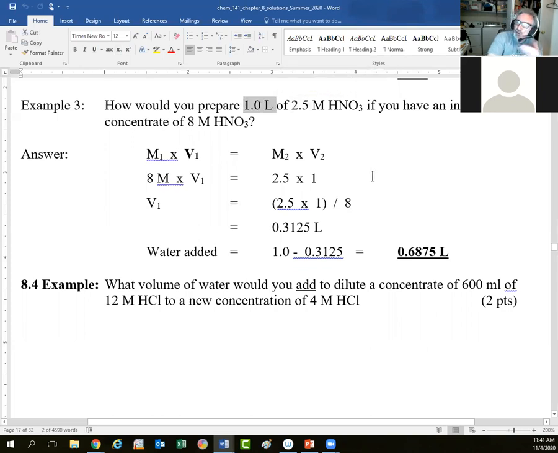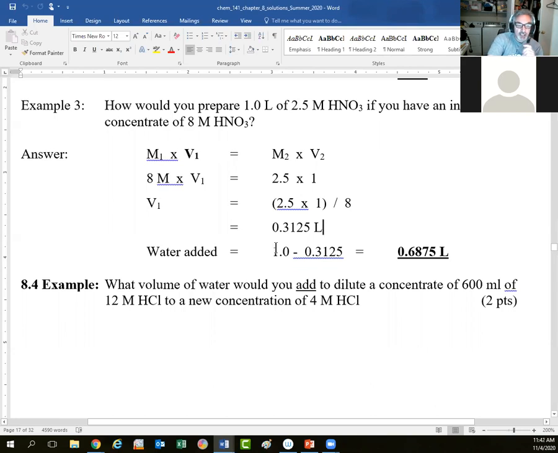The only thing you don't know is V1, the initial volume of the stock solution you're going to take for this. So to calculate V1, it'd be M2 times V2 divided by M1. That gives us 312.5 milliliters or 0.3125 liters. Factor of 1,000 between liters and milliliters, of course.